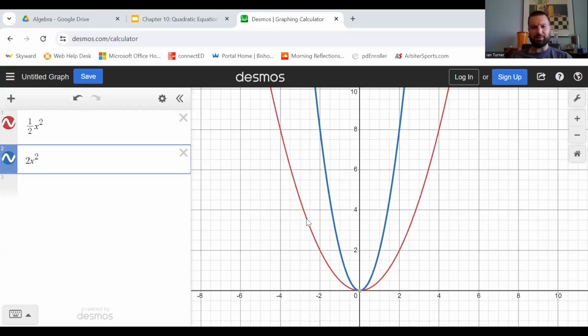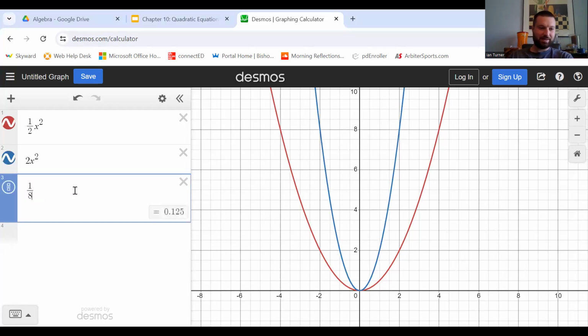So I put this into Desmos. Now you're looking at two graphs here. The red one right here is y equals 1/2 x squared. So if your a term is smaller, you get a wider parabola. Let's say we put in 1/8 x squared.